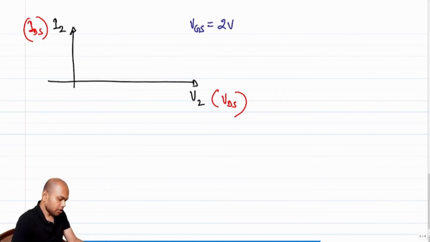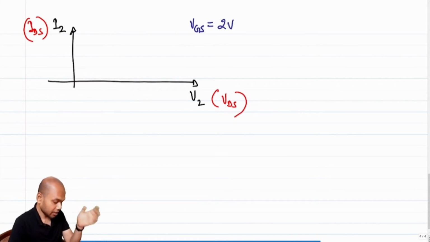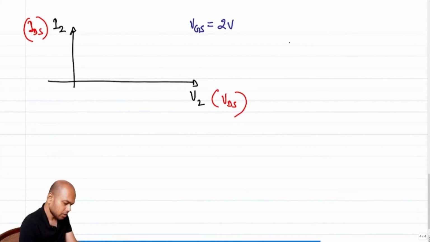If VGS is equal to 2 volt, what is the boundary of VDS, or V2, where on one side you will have linear region and on the other side saturation region? The condition for saturation region is VDS should be greater than VGS minus VTH.